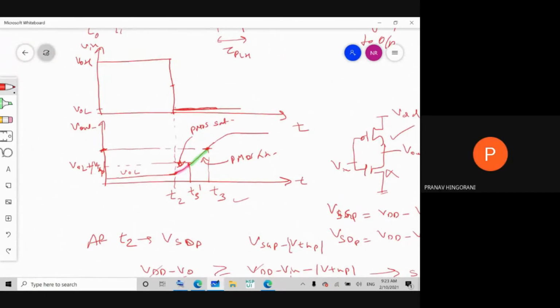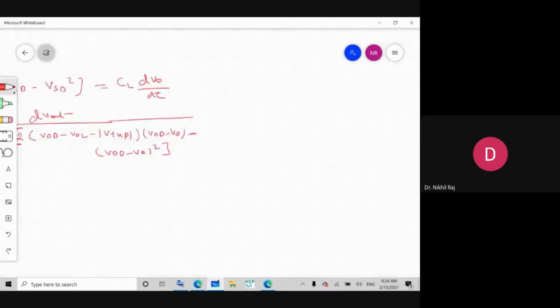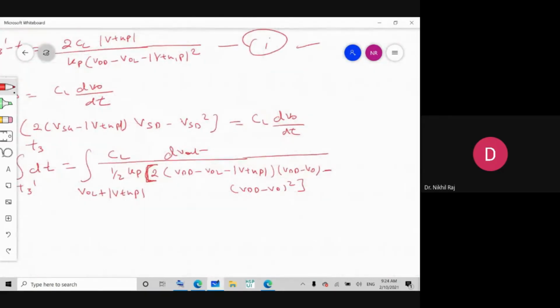VH is here. This is your V 50%, yeah, V 50%, because the definition says up to 50% we have to go. And this 50% is nothing but VOH plus VOL divided by 2. Whatever the swing is, the 50%. So your higher limit will be V 50%.